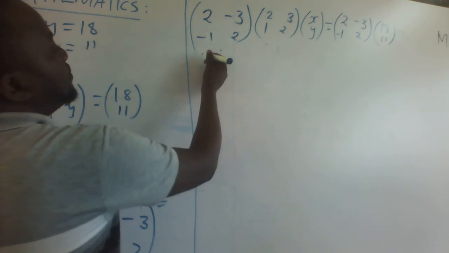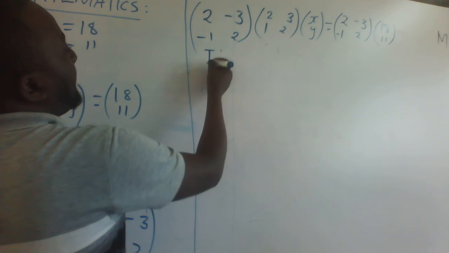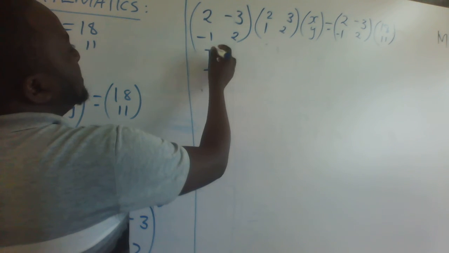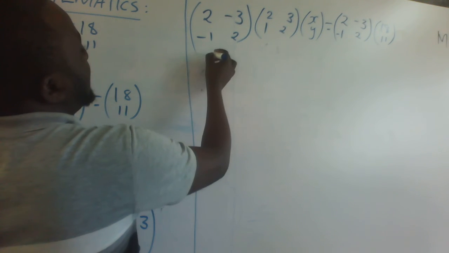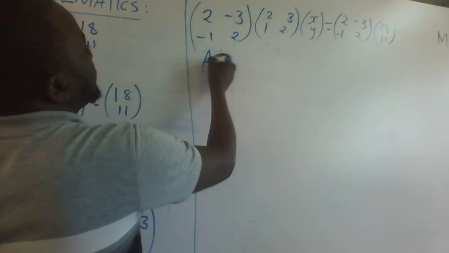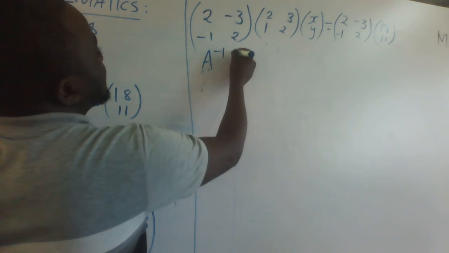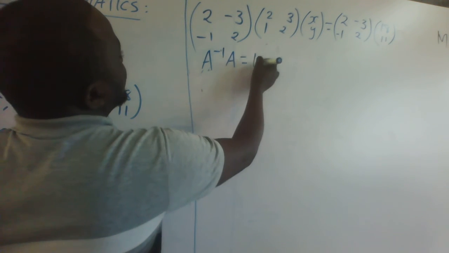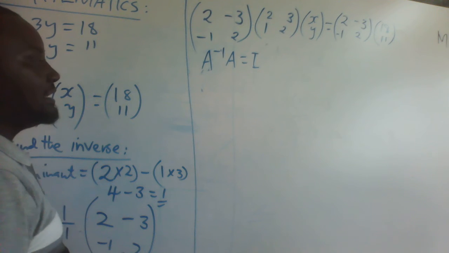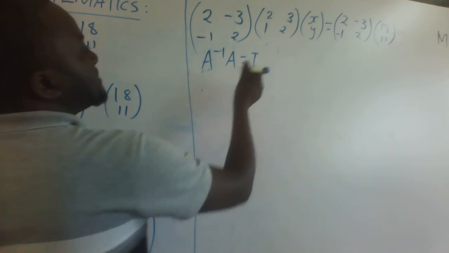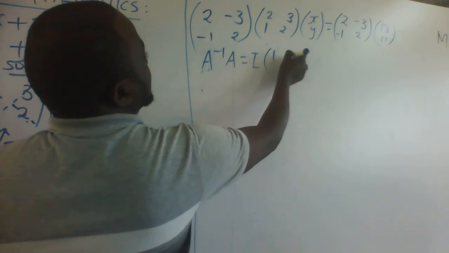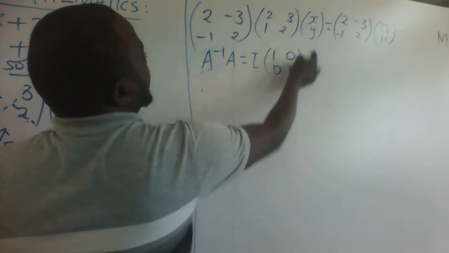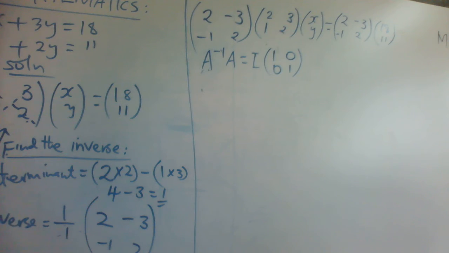Then you must know that if you are given matrix A, the inverse of matrix A times A should give you the identity matrix. And the identity matrix in this case will be 1, 0, 0, 1, the 2 by 2 identity matrix.